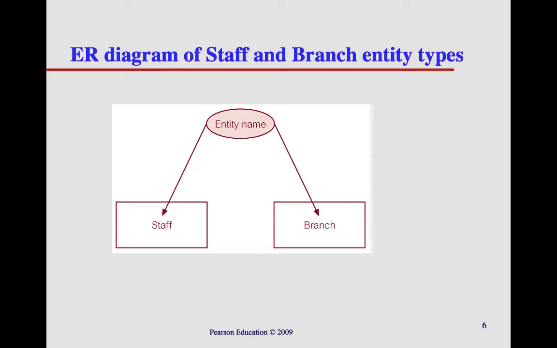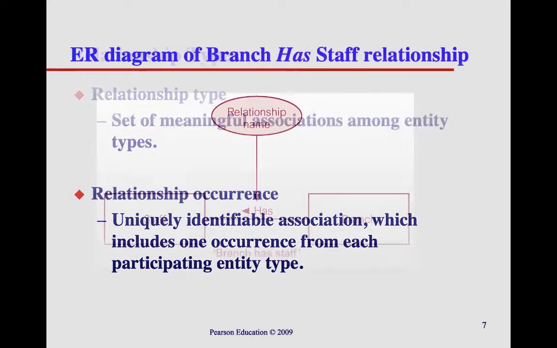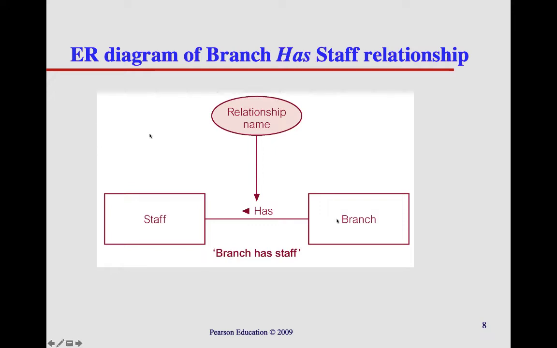So with entity relationship modeling, you typically are drawing diagrams to represent the database design. And entities are represented as rectangles with the name of the entity. So staff and branch are two entities. You draw them as rectangles with the name of the entity. Then relationships are shown as arrows between entities, and it indicates there's a relationship between the two. You use a verb to describe the relationship.